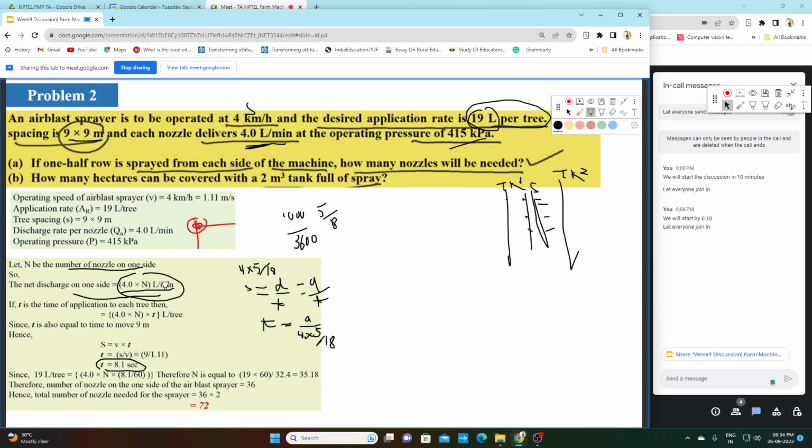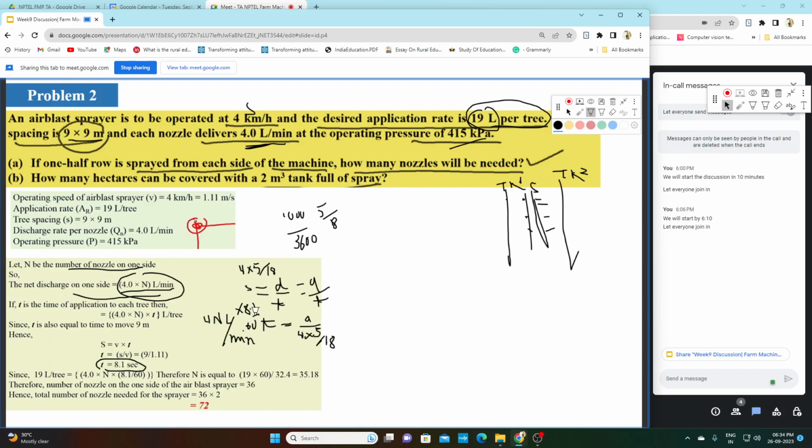So the time unit will cut down, here 4n liter per minute. This is your net discharge from nozzles on one side, that we know. We also know the time for each tree, 8.1 second, that you can convert to minutes, 8.1 divided by 60.